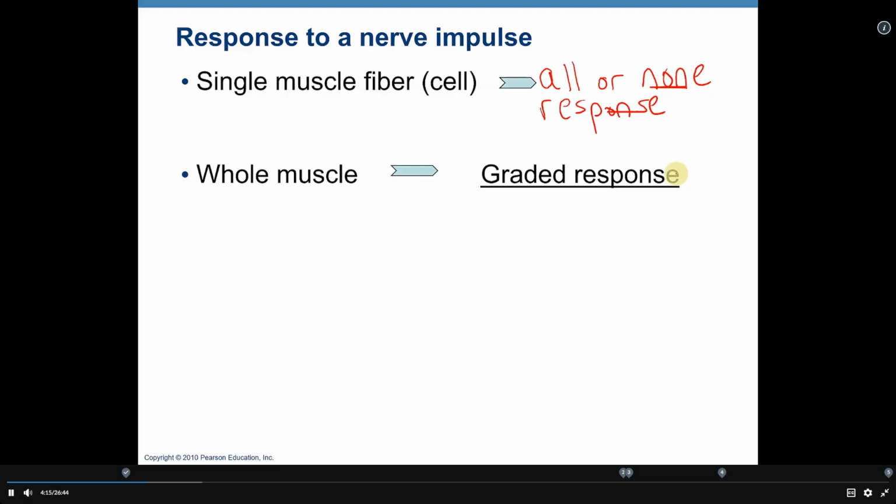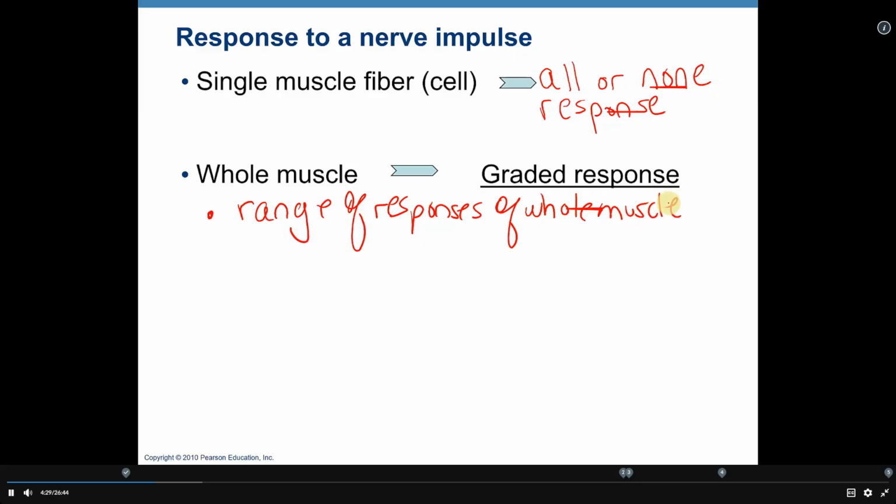And a graded response is actually a range of responses of the whole muscle, from weak to strong.